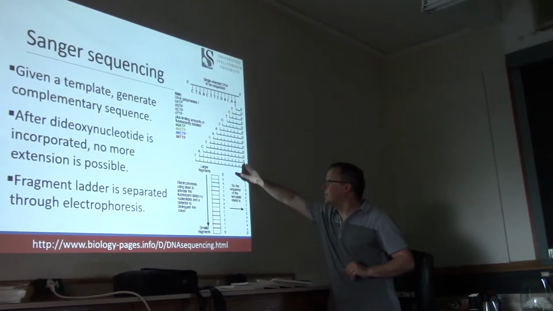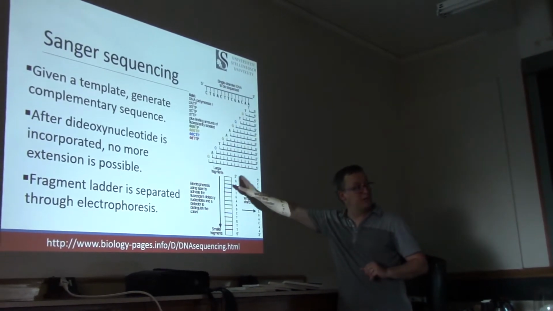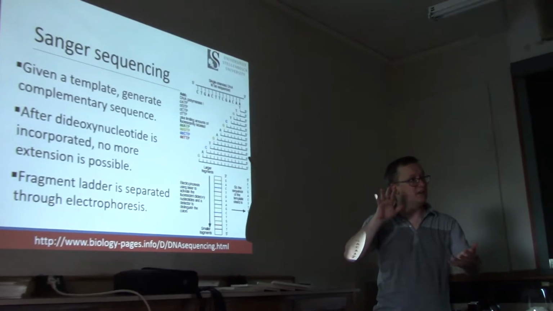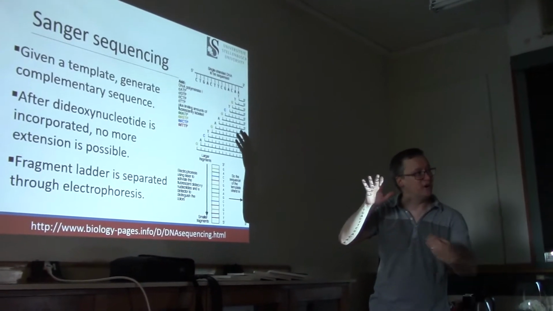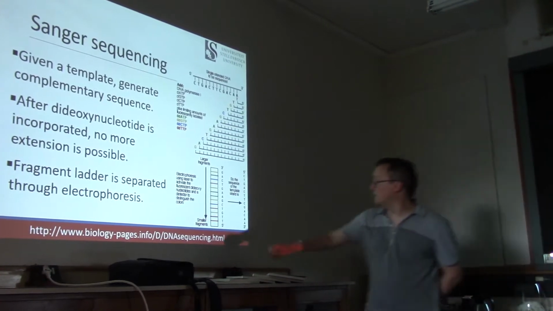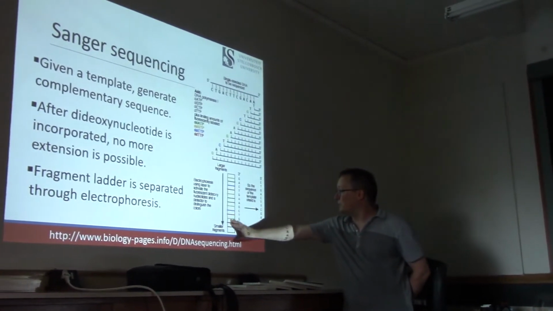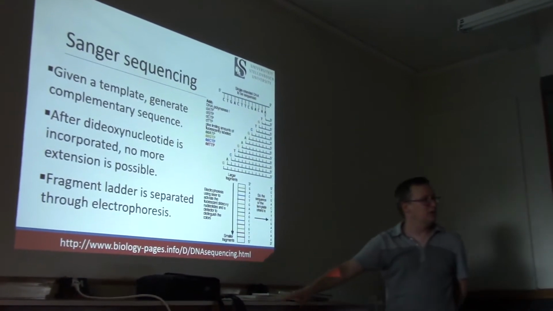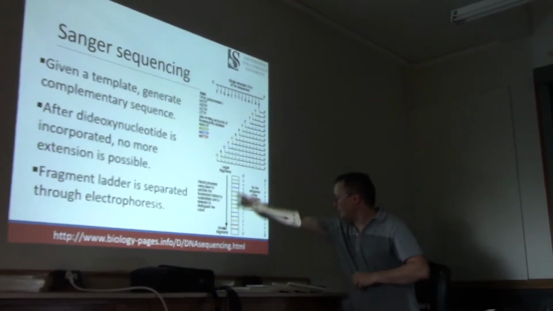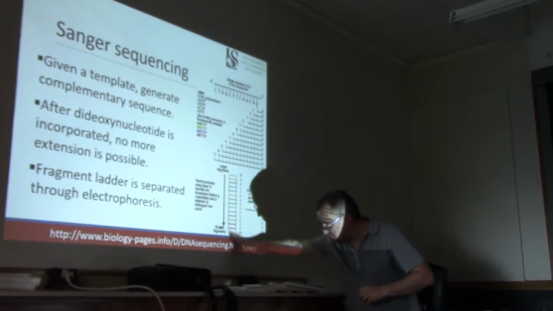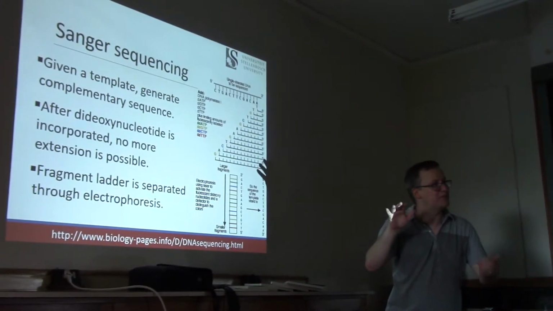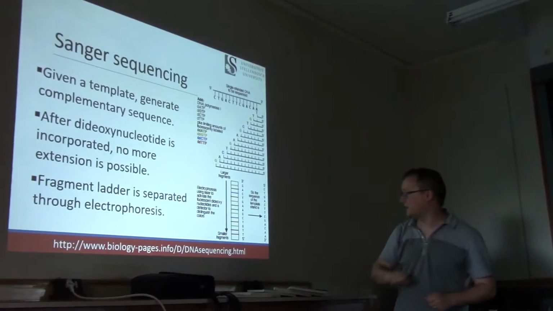So the upshot of this is that terminator sequencing gives us a whole series of complementary DNA pieces that contain varying numbers of nucleotides in that complementary sequence. Now, back in the old days, we would use a separation that would allow us to measure the different complementary sequences that have been differentiated by just one nucleotide from each other.